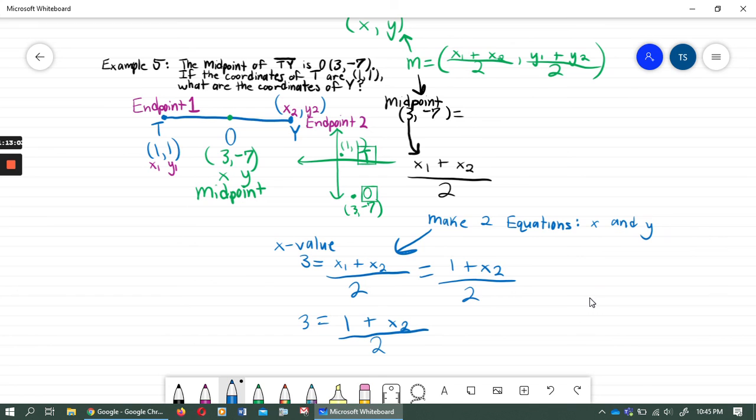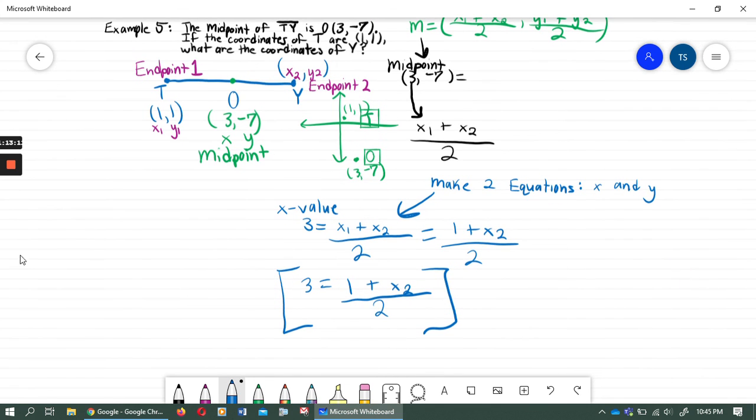Alright, so when we try to solve this equation, guys, we're going to need to multiply both sides of this equation by 2. If we multiply the left side of the equation by 2, and technically when you multiply the right side by 2, it's going to cancel out that 2 at the bottom.